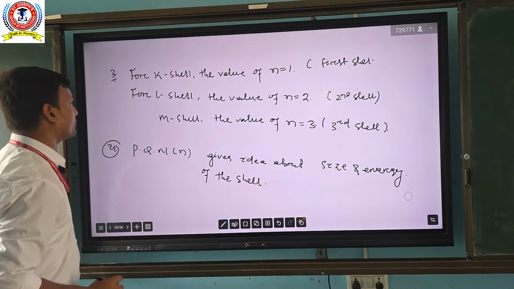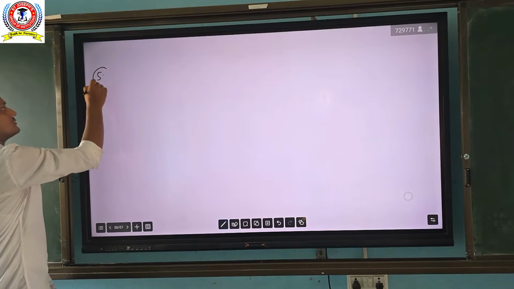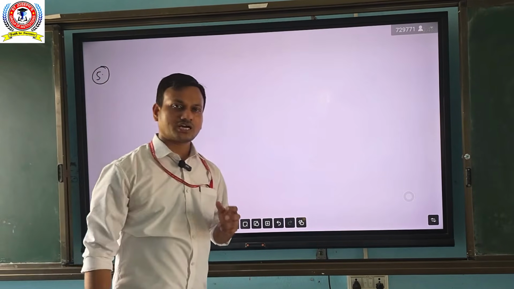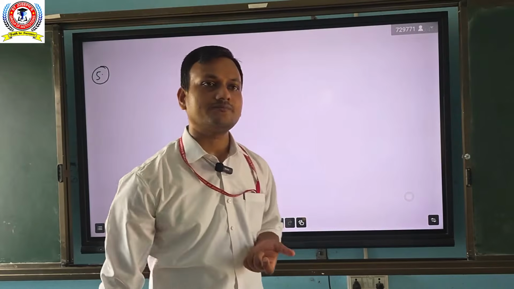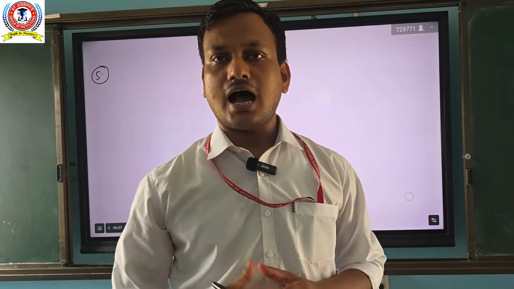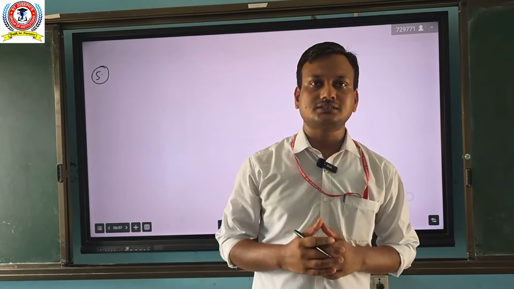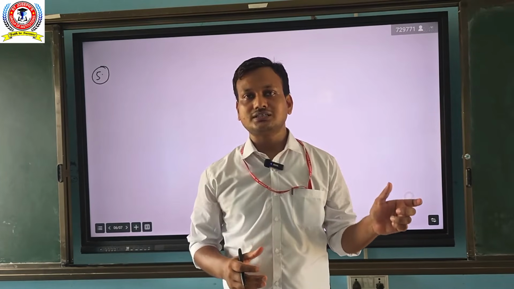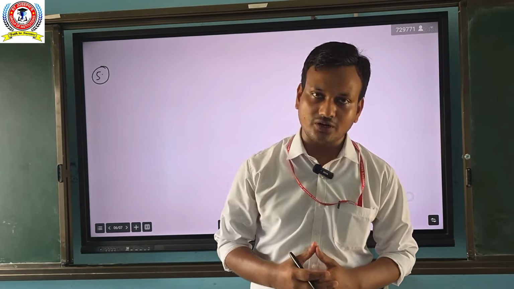Next, come to the second point. This is the most important point. Please focus. Point number 5. The statement, as the value of n increases, the energy also increases, belongs to the principal quantum number.